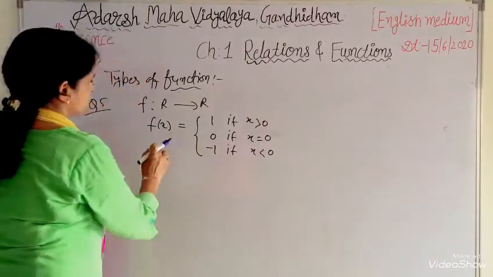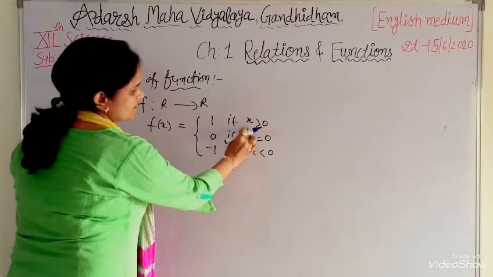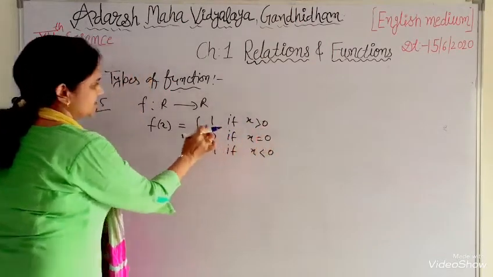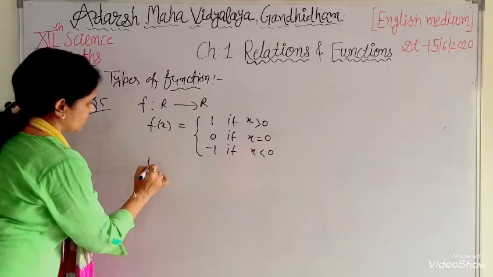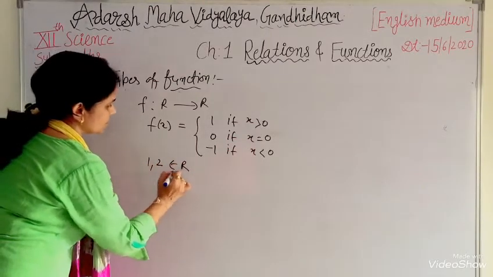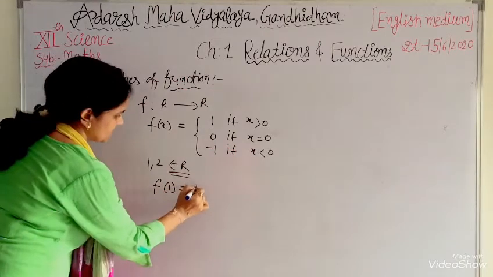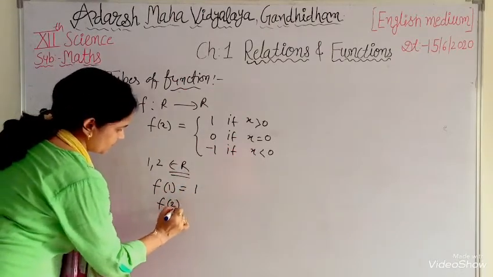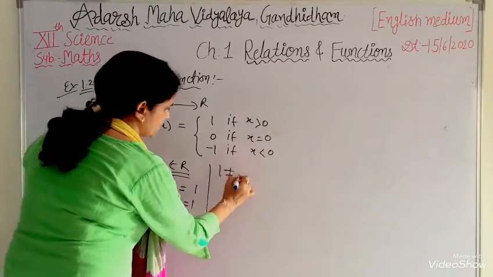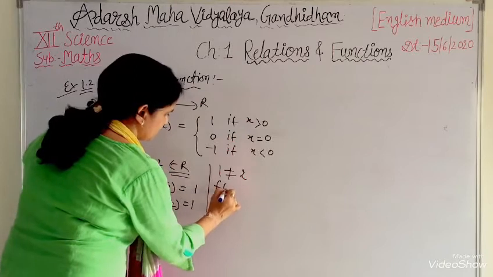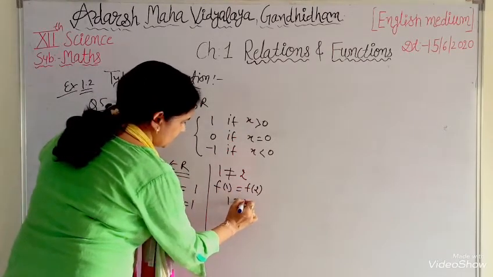Now, student, for this, see that for all elements greater than 0, the image is 1. So if we take 1 and 2 belonging to R, the image of 1 is 1 and the image of 2 is also 1. Here 1 is not equal to 2, but the image of 1 is equal to the image of 2.